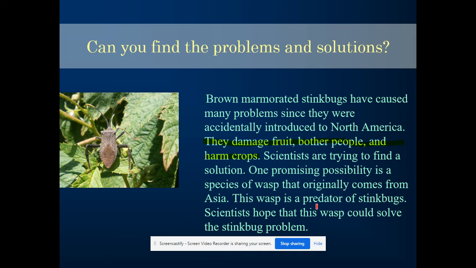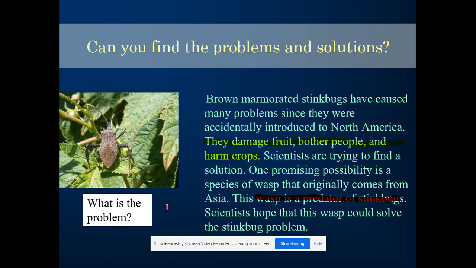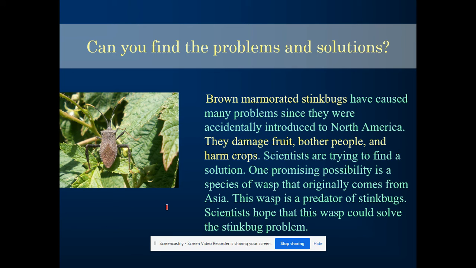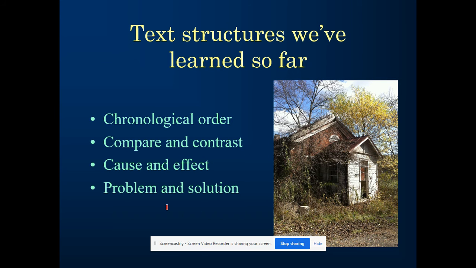How are they trying to solve the stink bug problem? Oh, the wasp that's a predator. It's going to eat them. Oh, wonderful. So the problem, the stink bugs, they bother people, they damage fruit, and they harm crops. The solution, these wasps from Asia, if they introduce them, they're a predator to them.